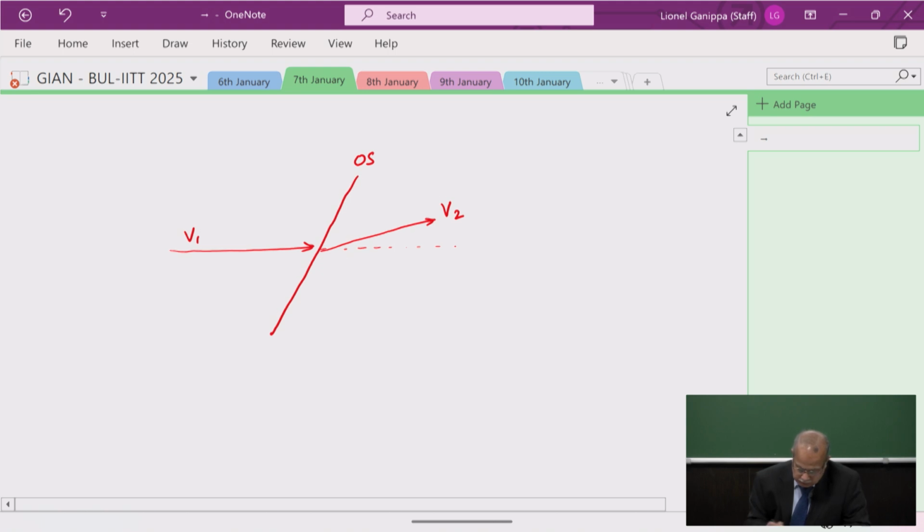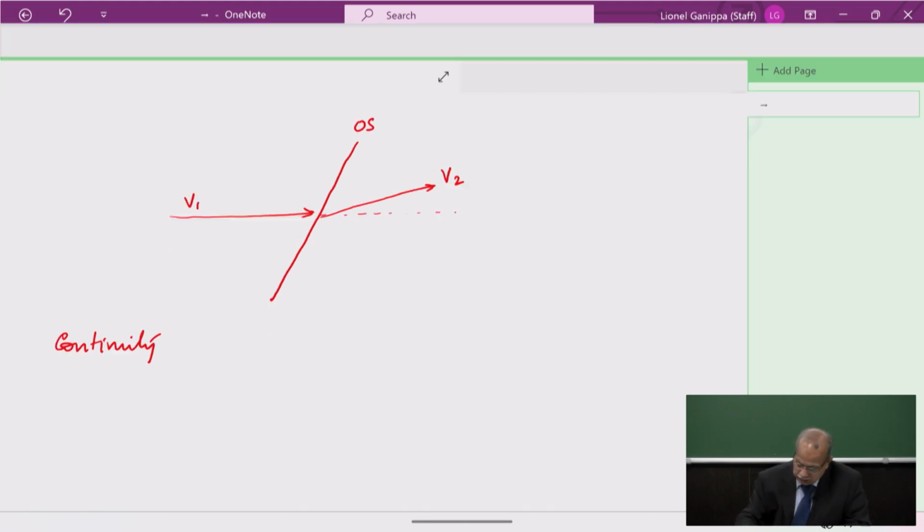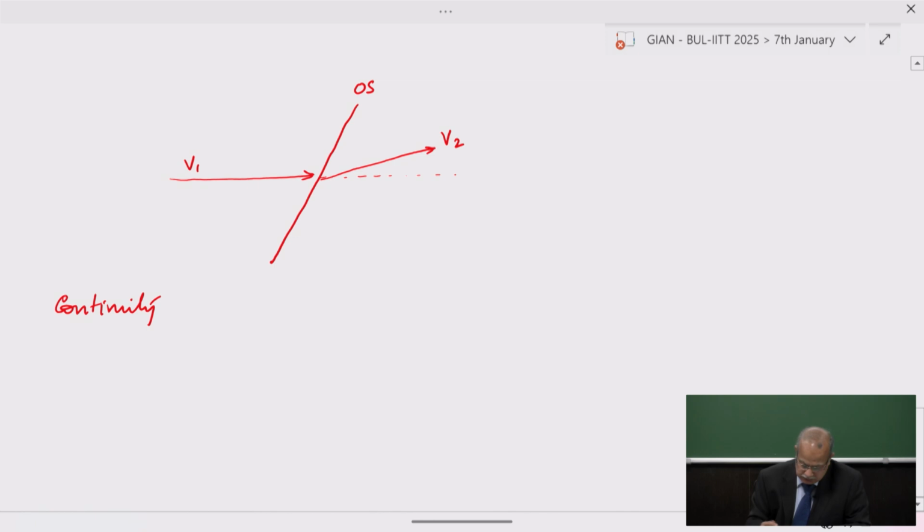So the governing equations are the continuity equation, a momentum equation, energy equation, and the second law of thermodynamics. If you look at the continuity equation, you can say rho 1 A1 V1 is equal to rho 2 A2 V2.